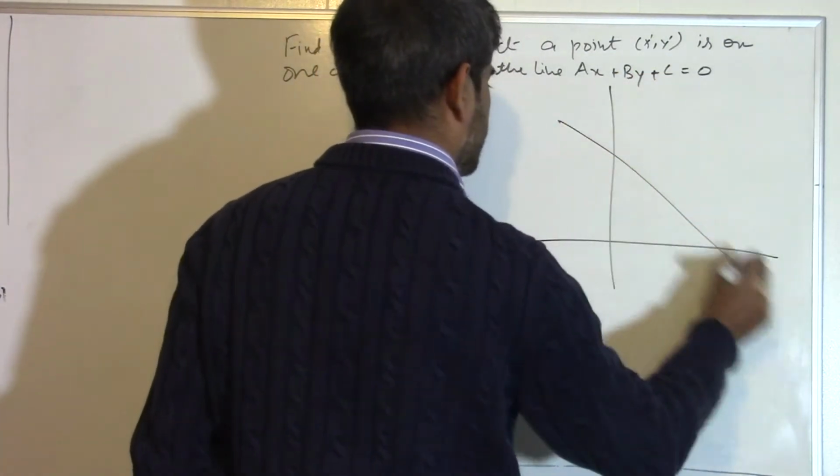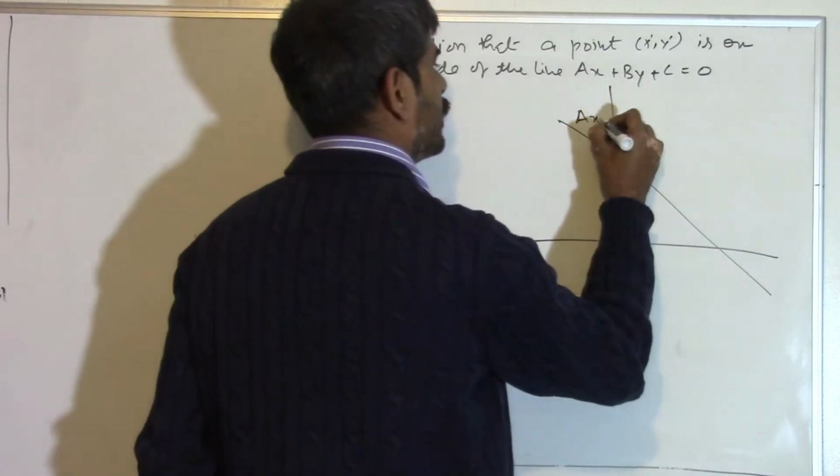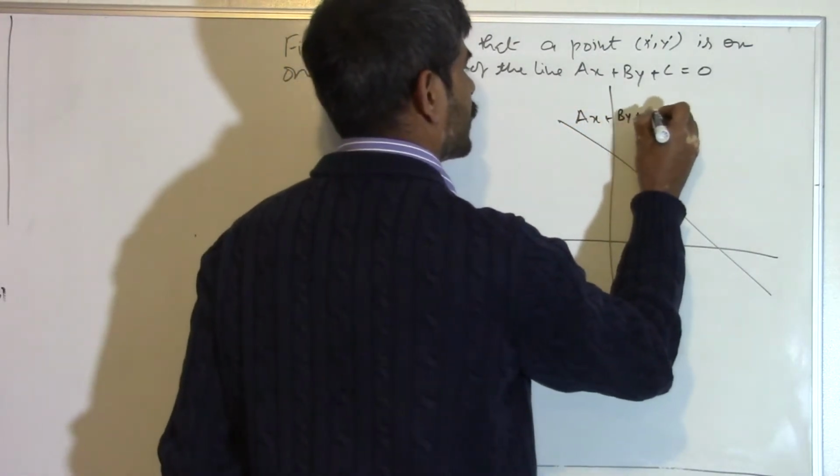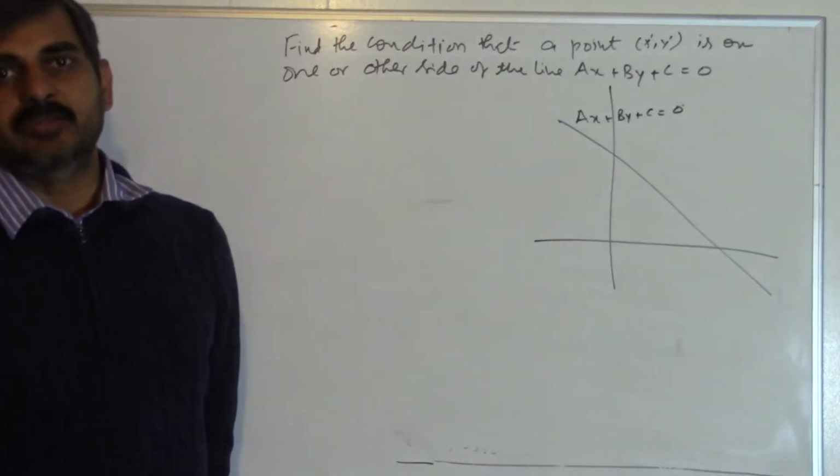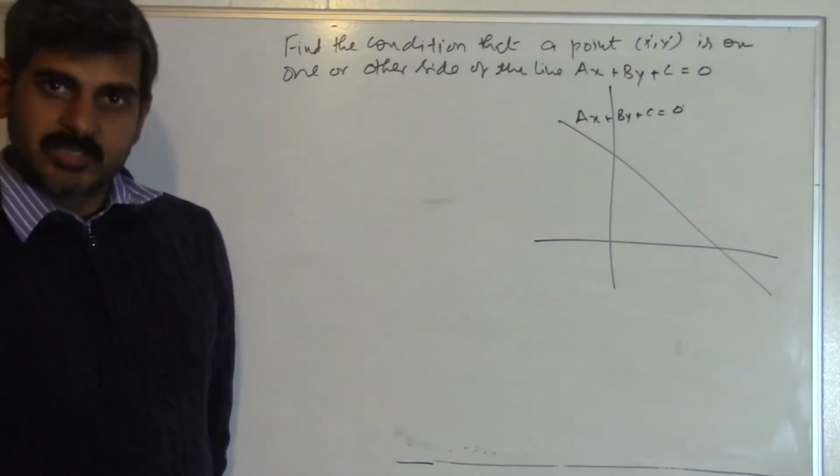We are given a straight line, and its equation is ax plus by plus c is equal to 0. If we are given a point x dash y dash, then three things can happen.